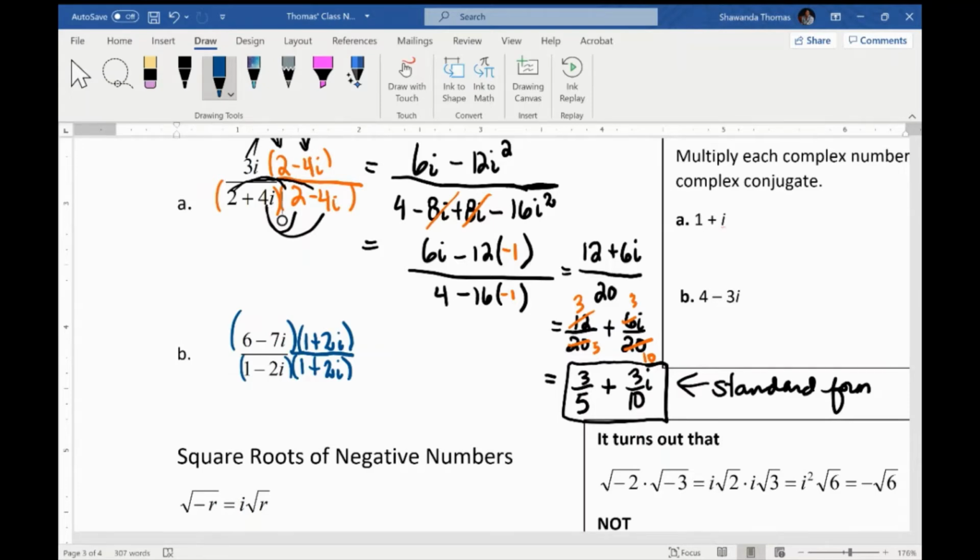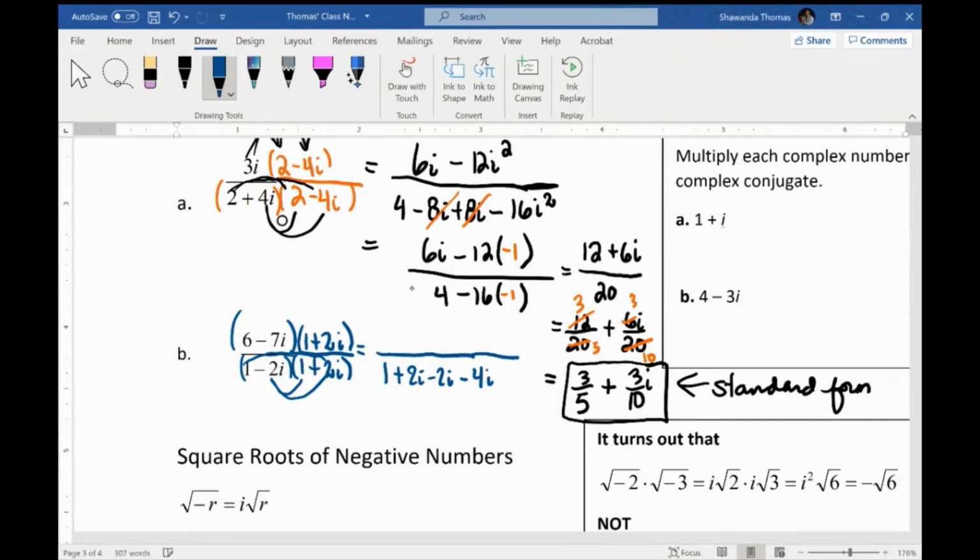All right. Let's focus on the denominator. 1 times 1 is 1. 1 times 2i is 2i. Negative 2i times 1 is negative 2i. Negative 2i times 2i is negative 4i squared.